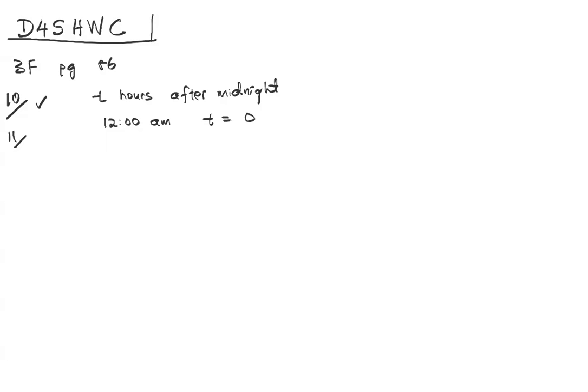So for part A, find the depth of the water at 8 a.m. That means 8 a.m., T equal to 8. So the depth will be, you put the 8 into it, then you count. Usually you key this into the graphic calculator.